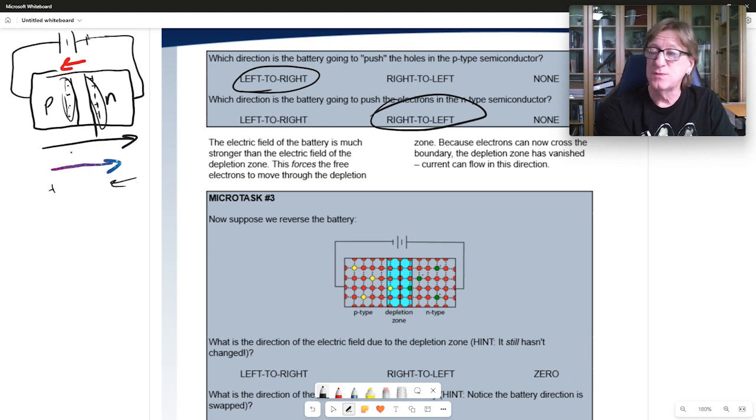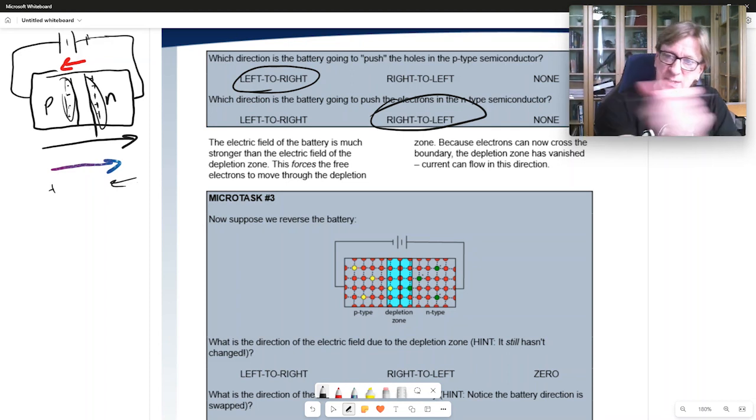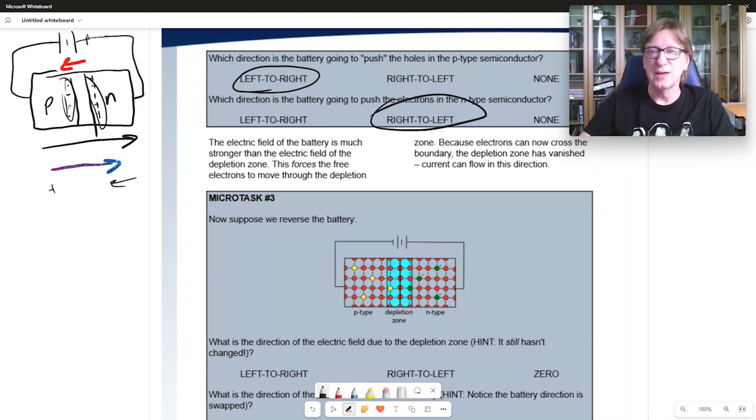That's producing this very, very large electric field. And since it's a vector, I add these two together and I have a net electric field pointing from left to right. Remember, this shows how the positive charges move, but it's actually the negative electrons that are moving. So the negative electrons are going to go from right to left, and current flows.